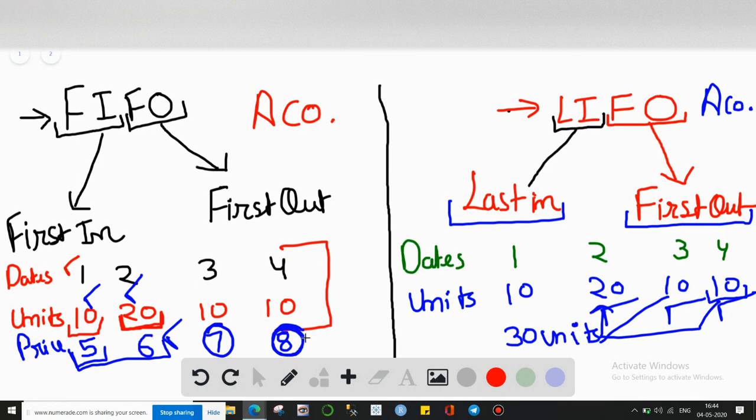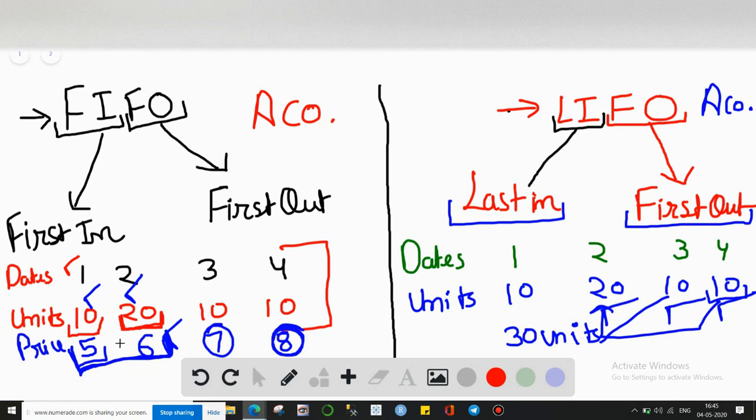So we can understand from this example that in case of inflationary times, FIFO method will produce higher inventory account balances than the LIFO method. So I am again repeating that if the company is willing to sell 30 units, to allocate the 30 units to sell to the customer, we will sell low cost raw material first, because in inflation times the prices rise from the preceding time point. So we have 5, 6, 7, 8.